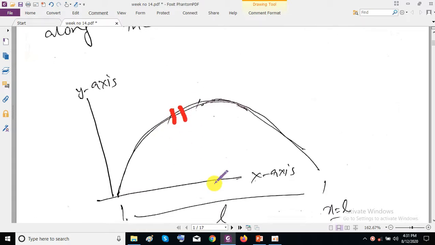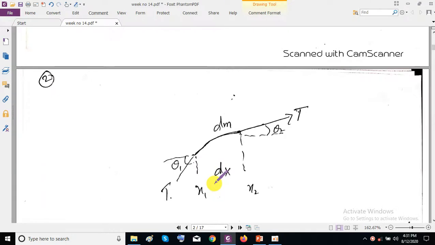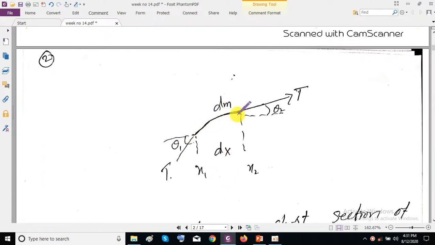We take this portion and zoom it, and we say that this is dm, and dm means the small mass. This is a small portion of the string, so the mass of it is denoted by dm.